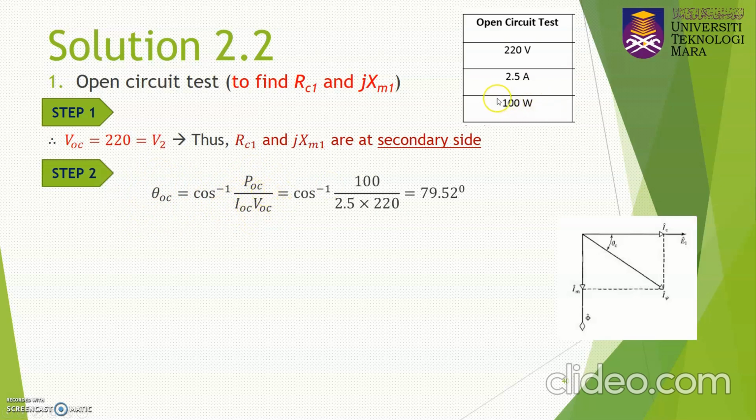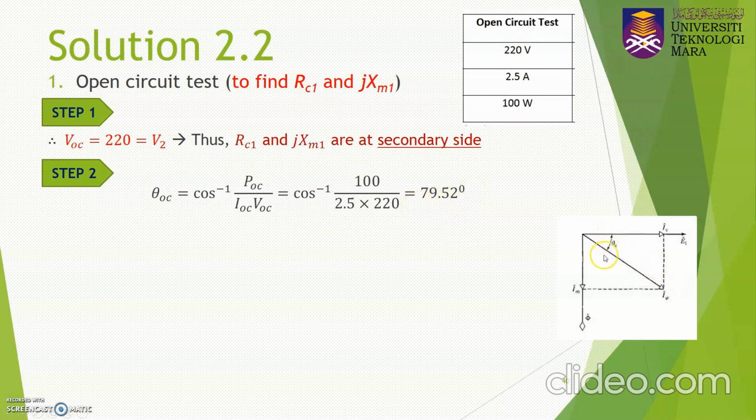So the power of open circuit is 100 watt, divided by current of open circuit 2.5 multiplied with voltage of open circuit 220 volt, and then you find the value of cos^-1. So you get the theta of open circuit is equal to 79.52.